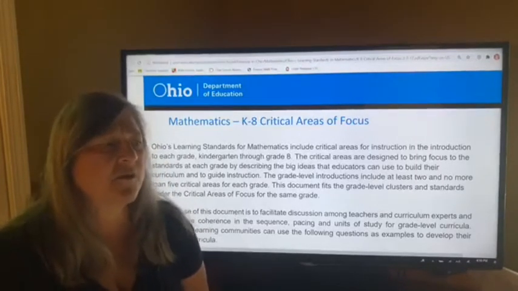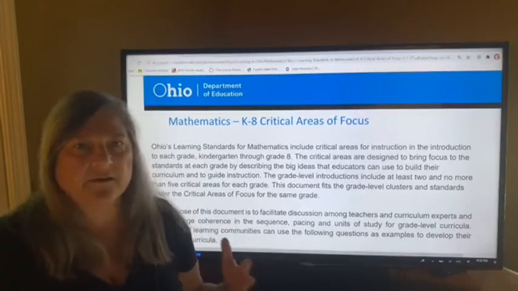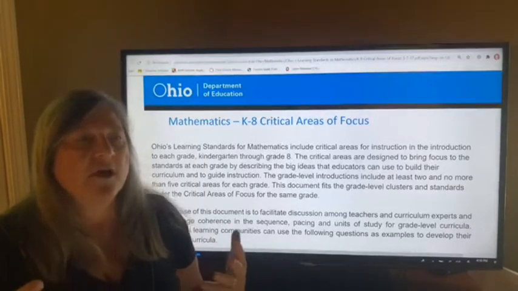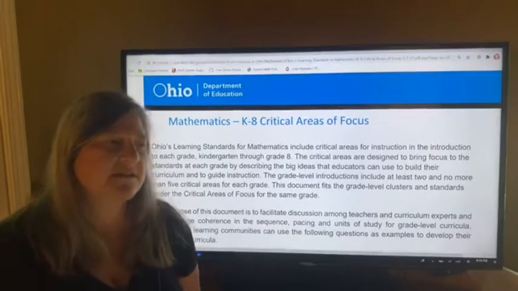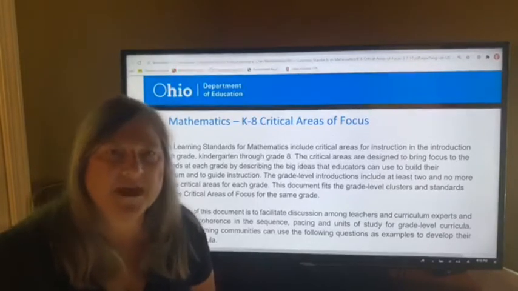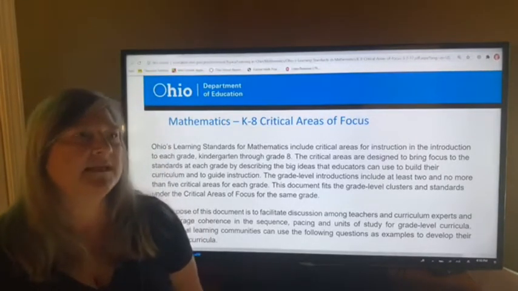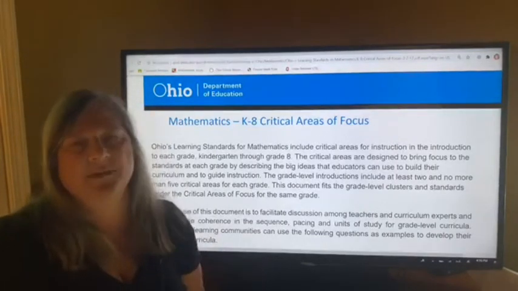We teach a lot of things through every year in every grade level, but it's nice because Ohio Department of Education is giving us these big ideas of what it means to learn math in kindergarten, or what it means to learn math in 5th grade. Like, what are those big things?